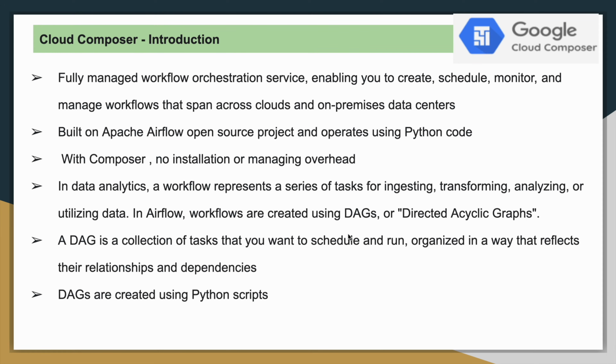We will see more about DAGs as we do more videos in the future. A DAG is a collection of tasks which you can schedule, and it consists of multiple tasks that are dependent on each other. You also define the dependencies based on the business requirements and relationships. The DAG is written in Python, since Airflow is developed using Python, so you will have to use Python to write your DAG.